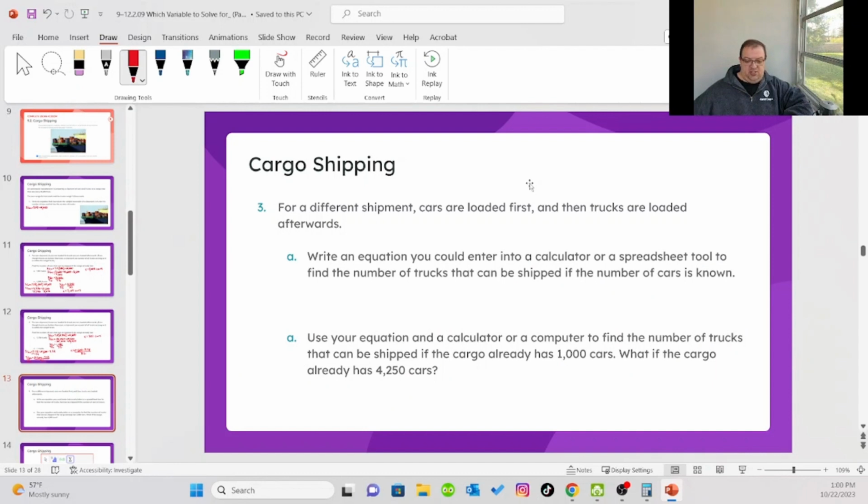For a different shipment, cars are loaded first and then trucks are loaded afterwards. Write an equation you could enter into a calculator or a spreadsheet tool to find the number of trucks that can be shipped if the number of cars is known. So now what we do is we take that original equation. This time we want T equals, so we get rid of the 3.6C and we move it to the left.